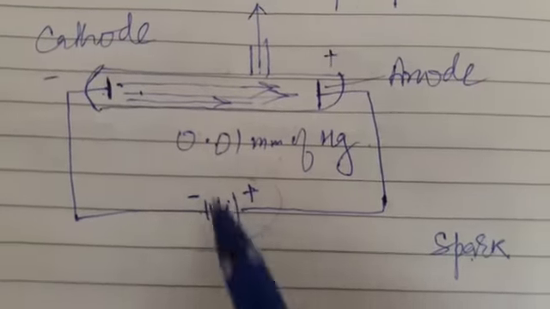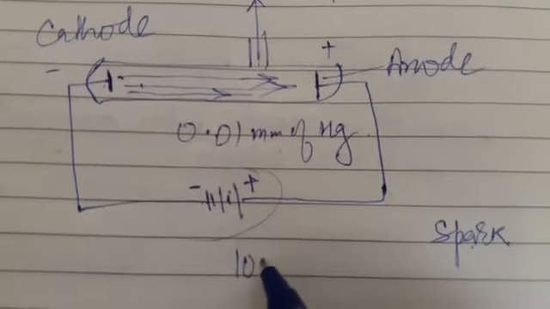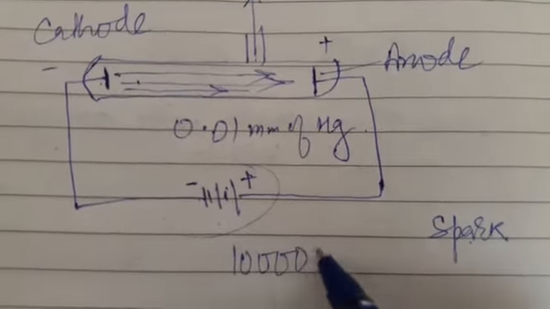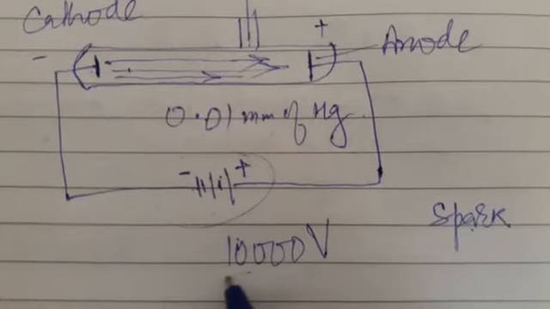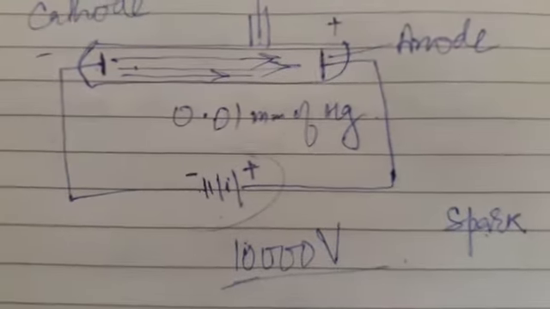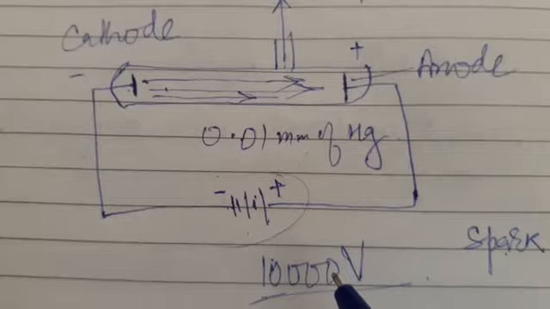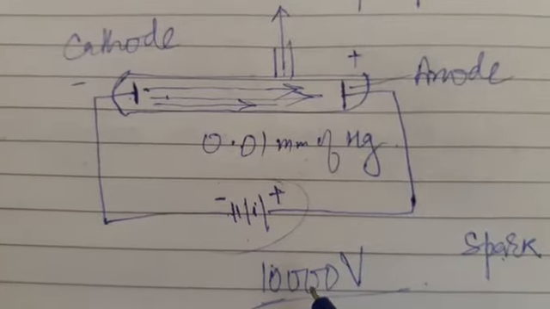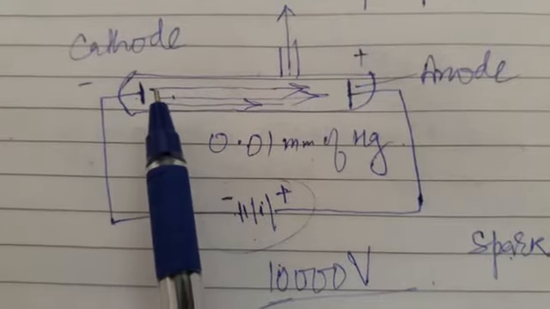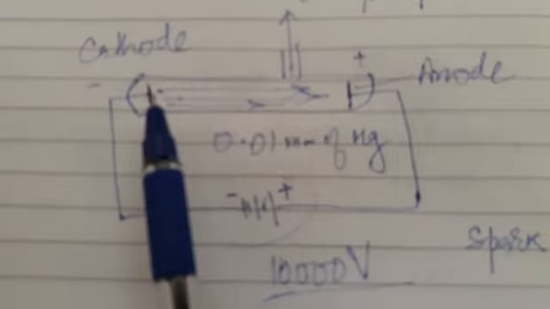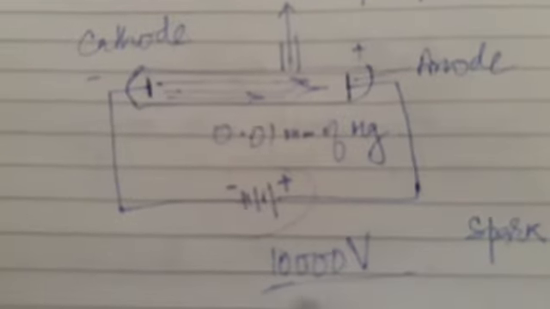This battery was providing a high amount of voltage, something in the range of 10,000 volts. Basically, why is a high voltage required? Because we know gases are poor conductors of electricity, so in order to make them conduct electricity, we need to apply a high voltage.